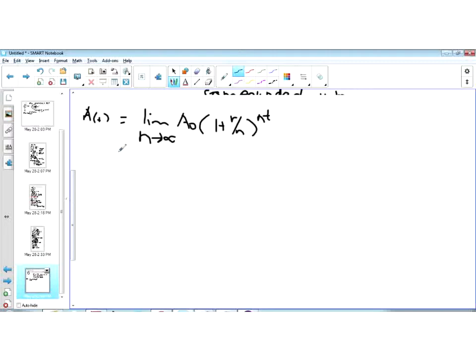And how do we solve this? I think we may have solved a similar problem a couple of lectures ago. So let's simplify this limit.